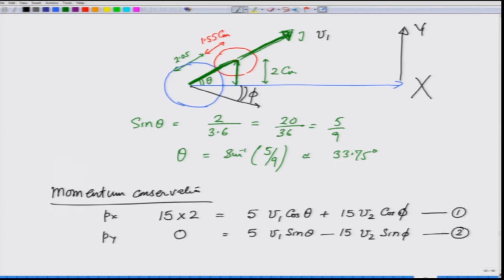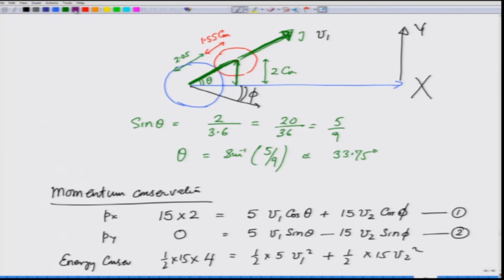Equation number 3 is going to be energy conservation, and that will give me 1/2 times 15 times 2 square is 4, that is the initial kinetic energy, is going to be 1/2 times 5 v1 square plus 1/2 times 15 v2 square.